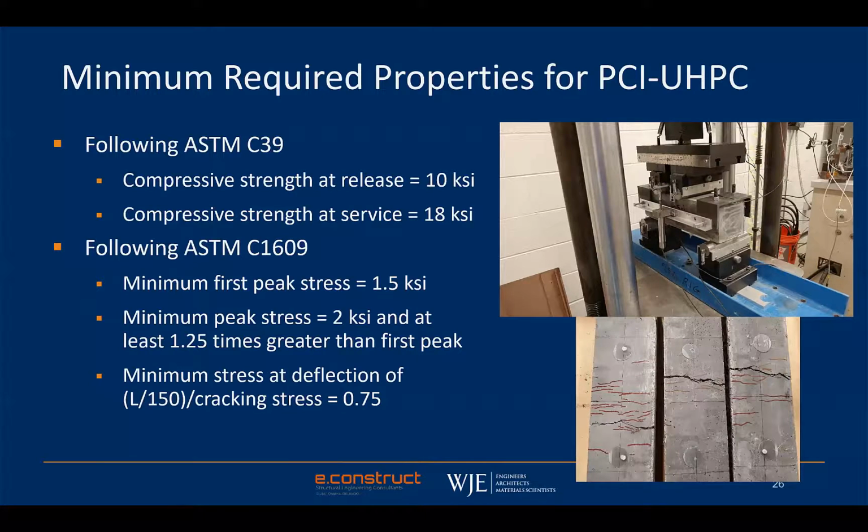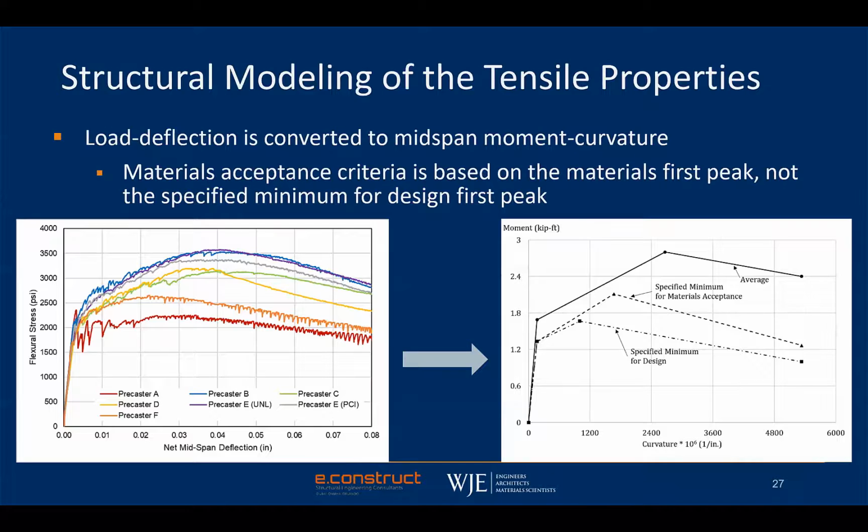And then the ductility requirement. So the most important property for us in structural engineering is to make sure that we have the tensile properties that we need, because when we do our structural optimization, we're going to take advantage of that.